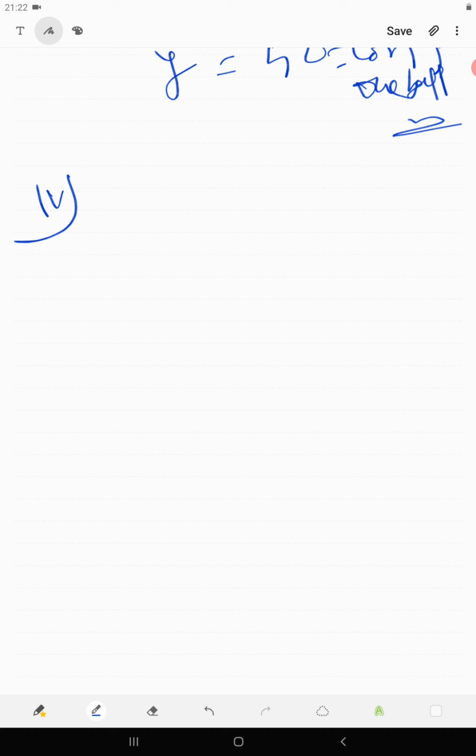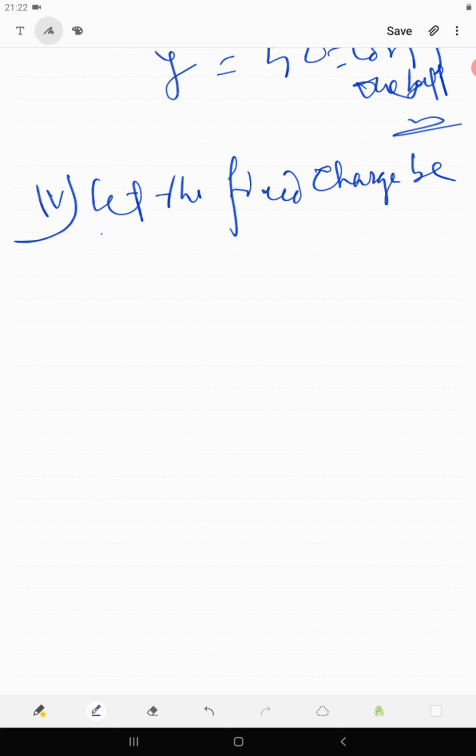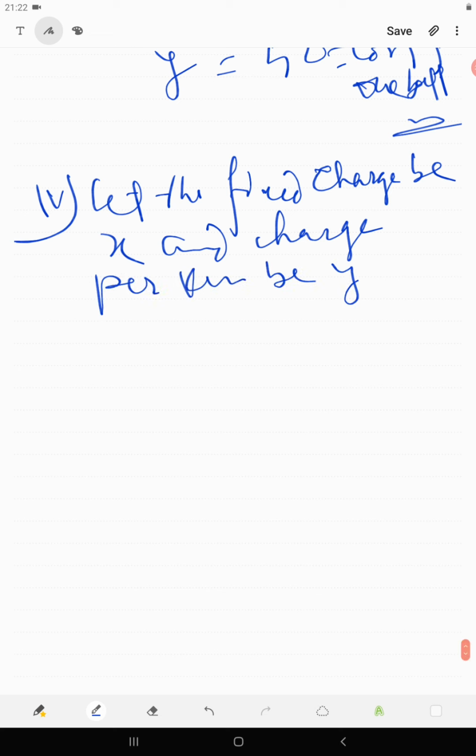Let's see it. So the first thing is, let the fixed charge be x, and the charge per kilometer be y.